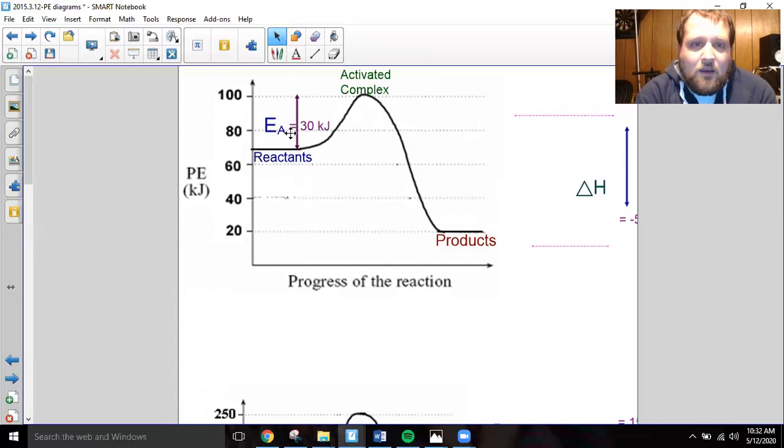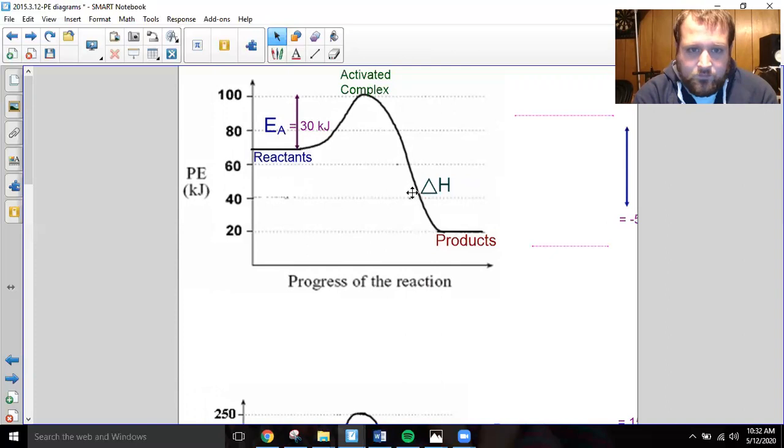So we have to add 30 kilojoules to go from 70 up to 100. So for this reaction, which once again is exothermic, we have to add 30 kilojoules of energy to break the bonds. But the energy that is lost is more than that.